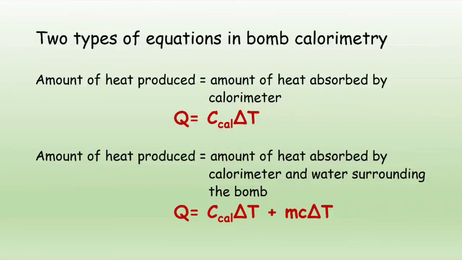However, another type of equation is Q = C_cal ΔT + mcΔT. Here, we consider the water surrounding the bomb and the heat capacity of the calorimeter to be separate, and they are considered separately in the calculation.